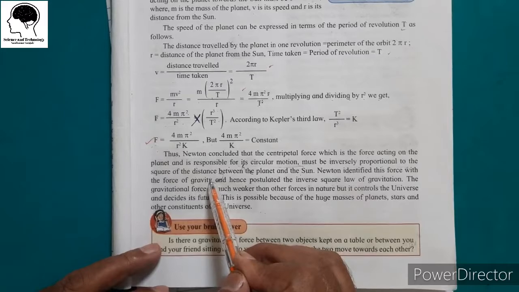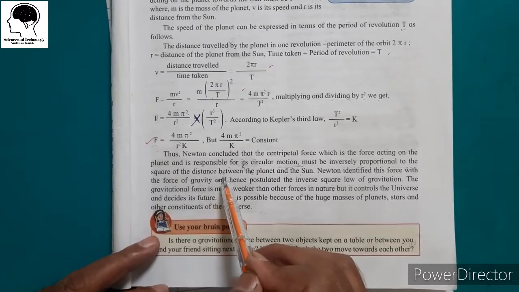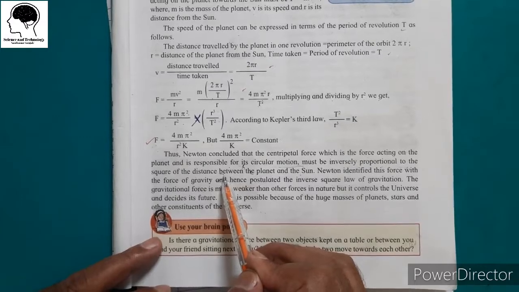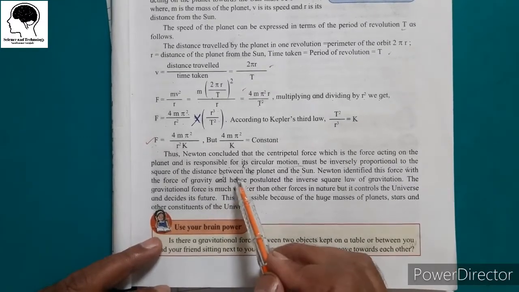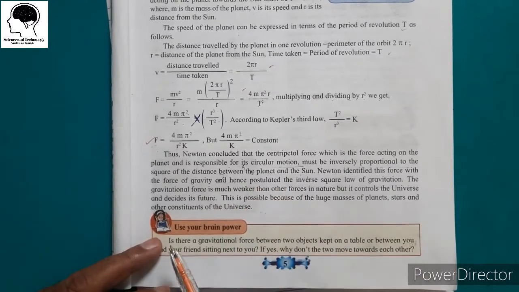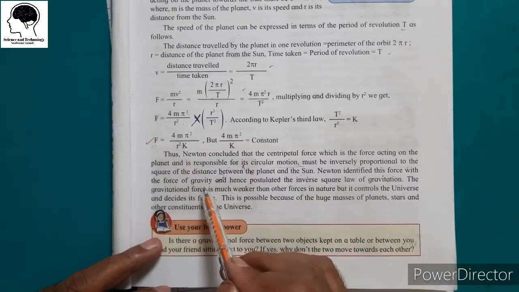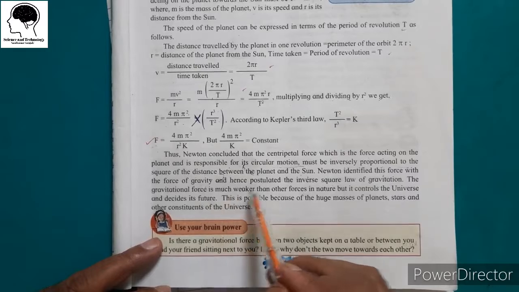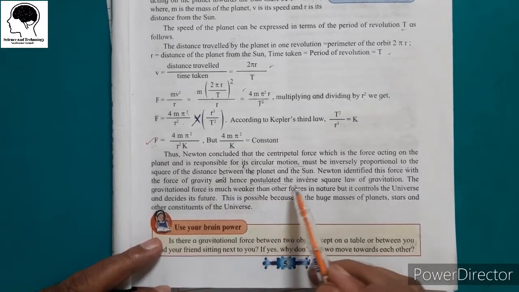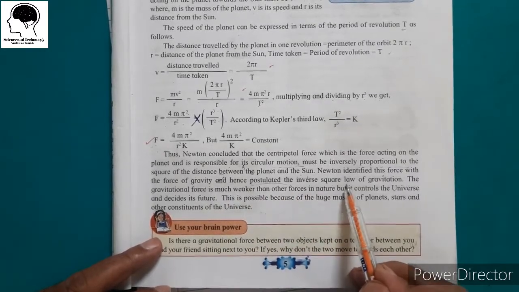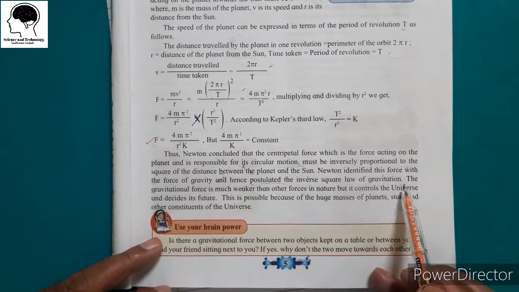Inversely proportional, not directly proportional. Square of distance means that as distance increases, force decreases between the planet and the sun. Newton identified this force with the force of gravity and hence postulated the inverse square law of gravitation.